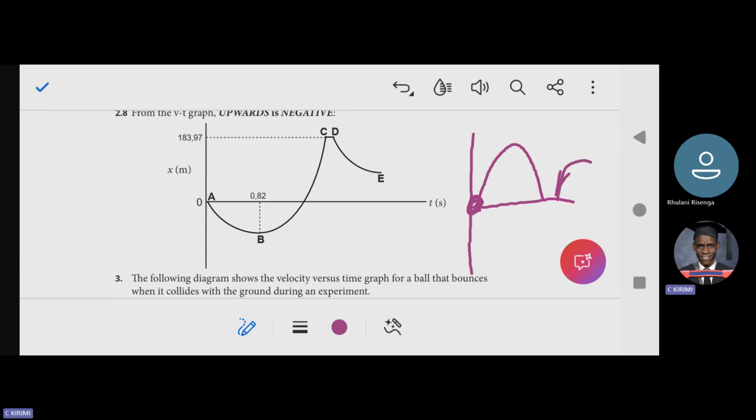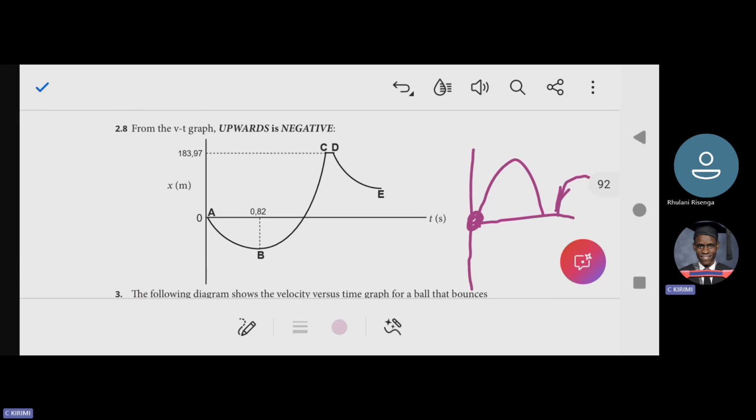So this one is when I'm taking upwards as what? Positive. Upwards is positive. But the moment you take upward as negative, then it becomes reflected. It should be the other way around.